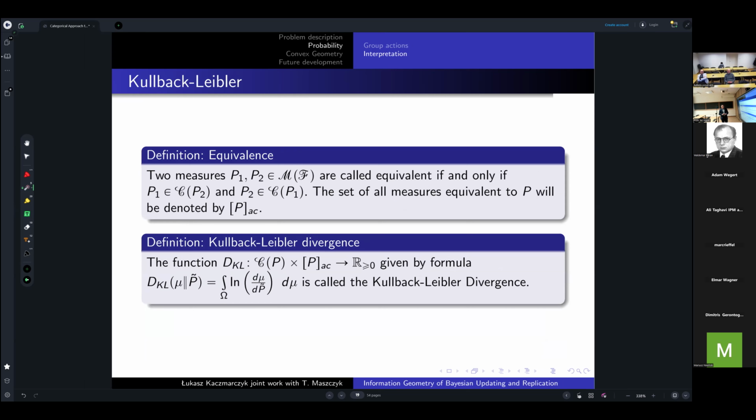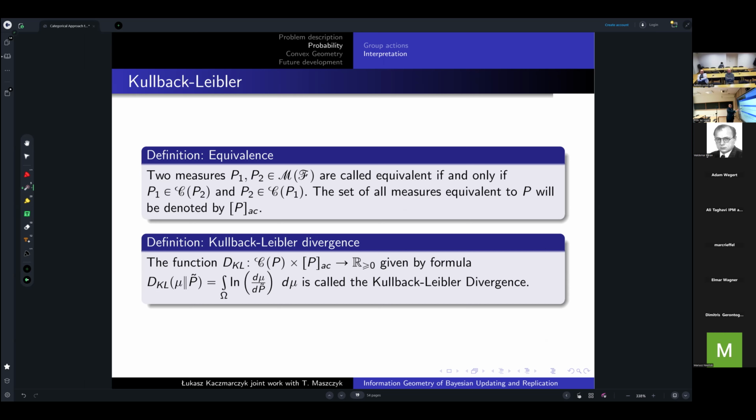Okay, so as the last step from this purely probabilistic world that we will need is the idea of two measures being equivalent. Well, it simply means that one is absolutely continuous with respect to the other and the other way around.